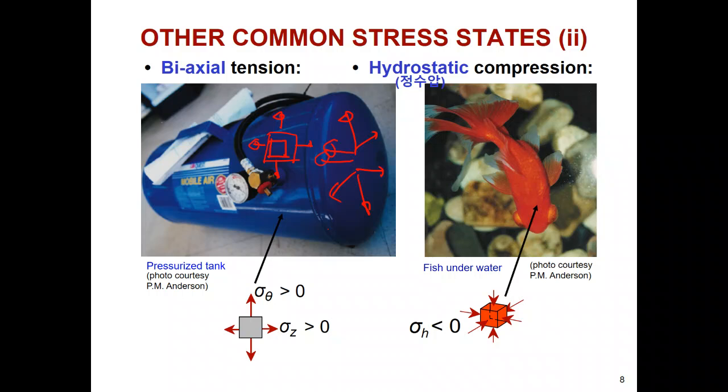If we have only a single-direction tension stress, we say it is the simple tension state. However, if it experiences two different directions, we say that it is biaxial tension.